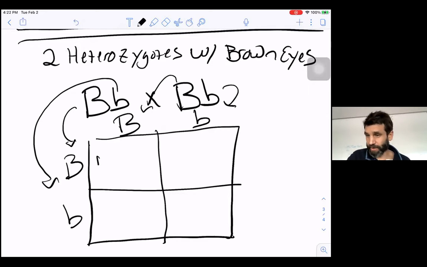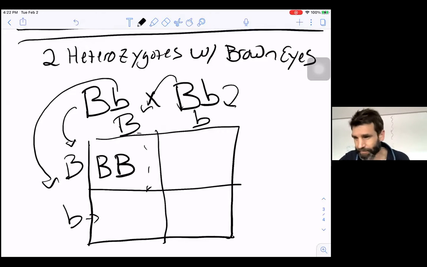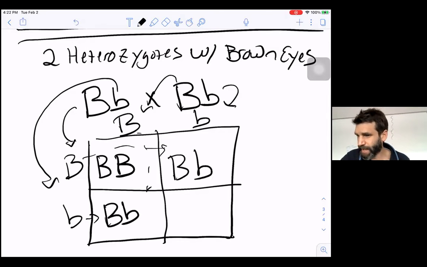And I'll just do this really quickly. These come together there. Remember, this comes here. And remember, we always write it as big B, little b. You could have written it as little b, big B, but just remember that we always write it as big B, little b. And the same thing would be here, big B, little b.